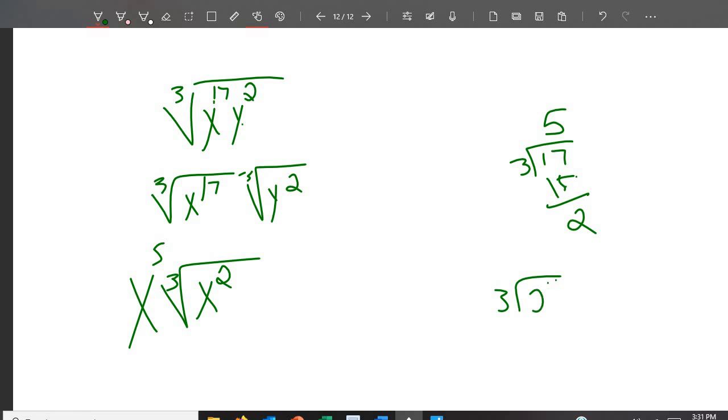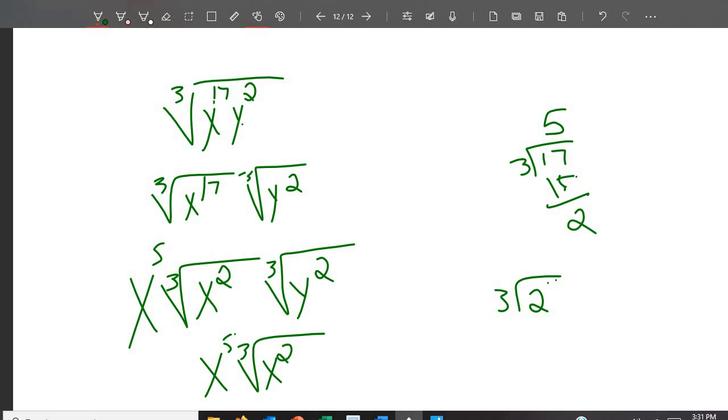Well, it doesn't go in there a whole number of times, so I can't do anything with the y. So it's just got a y squared left underneath. But I can't leave it like that. We have to rewrite it. Put the x squared and the y squared together under a root symbol. Got to rewrite it like this.